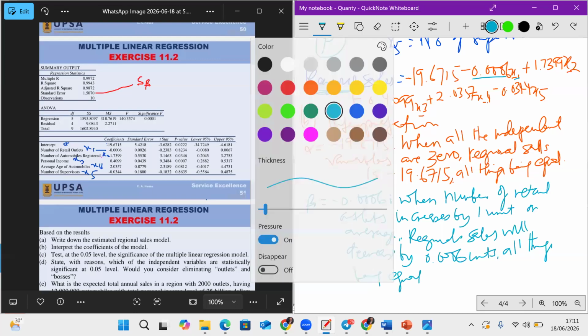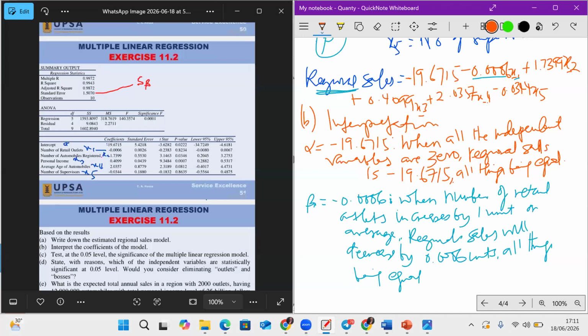So pay attention. X1 stands for number of retail outlets. When it increases by 1 unit, on average, regional sales change by the coefficient multiplying each variable.